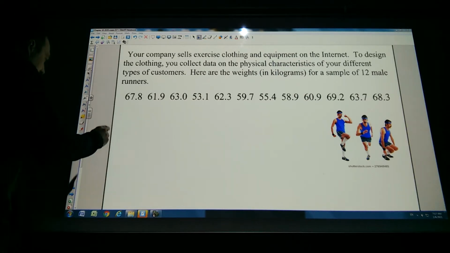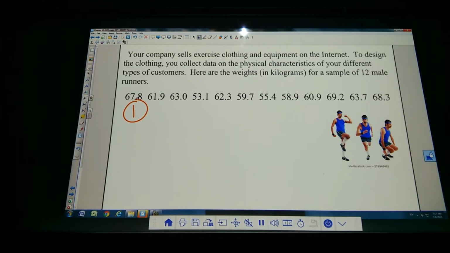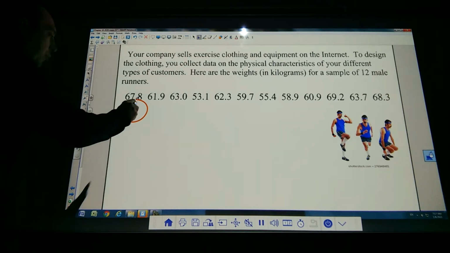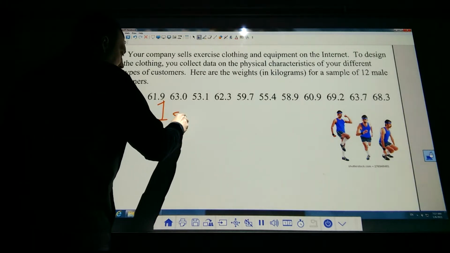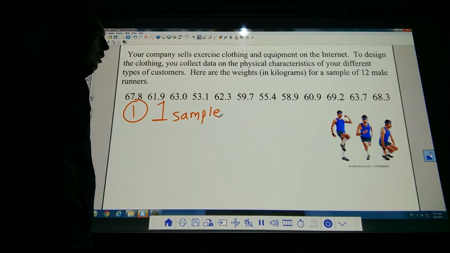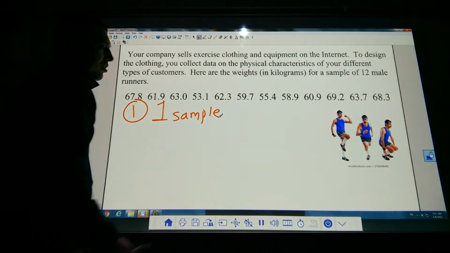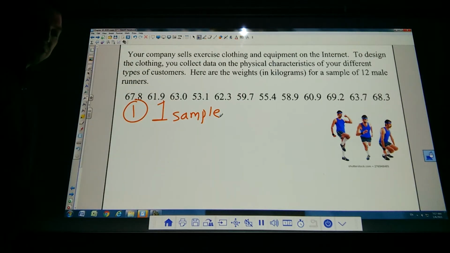Here we go. Step one is give it a name. We only have one sample. Is it a mean problem or a proportion problem? It is a mean problem. I'm sorry, I forgot to write it there. It's construct and interpret a 99% confidence interval for the mean weight of runners.